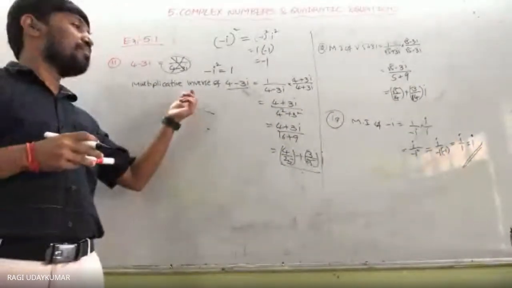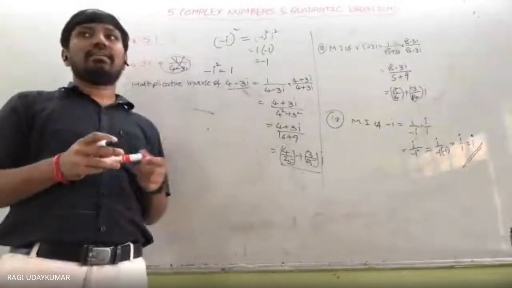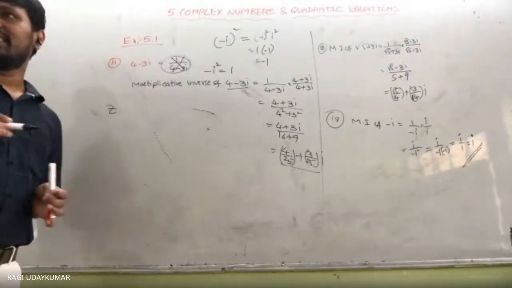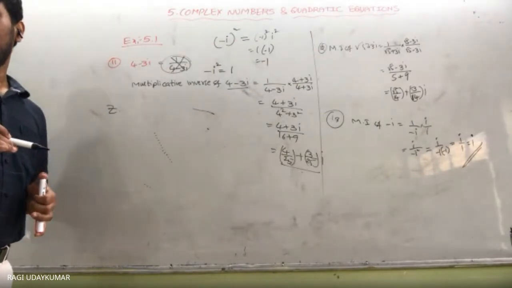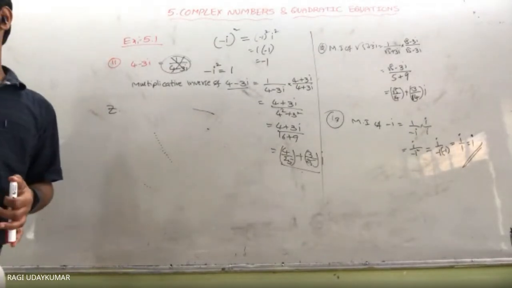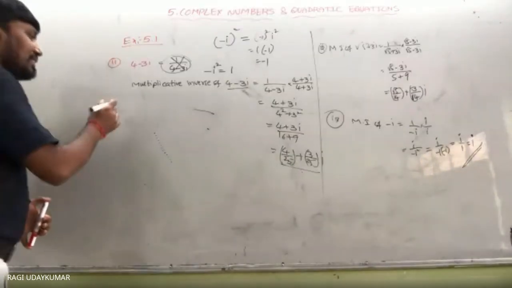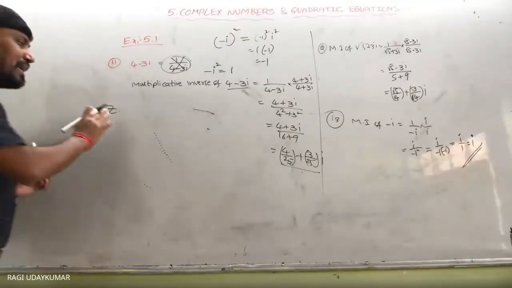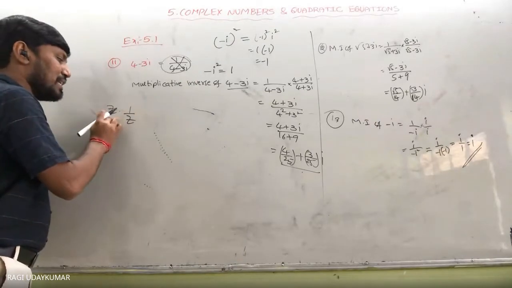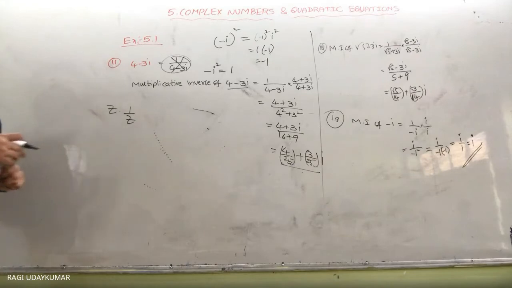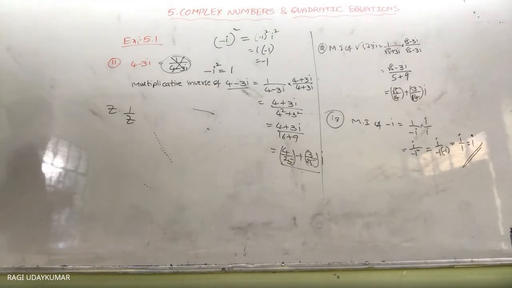In the same way, multiplicative inverse. When do we say multiplicative inverse? What is the multiplicative inverse of z? 1 by z, normally. If you multiply these two, what is it? 1. How? We can prove it.